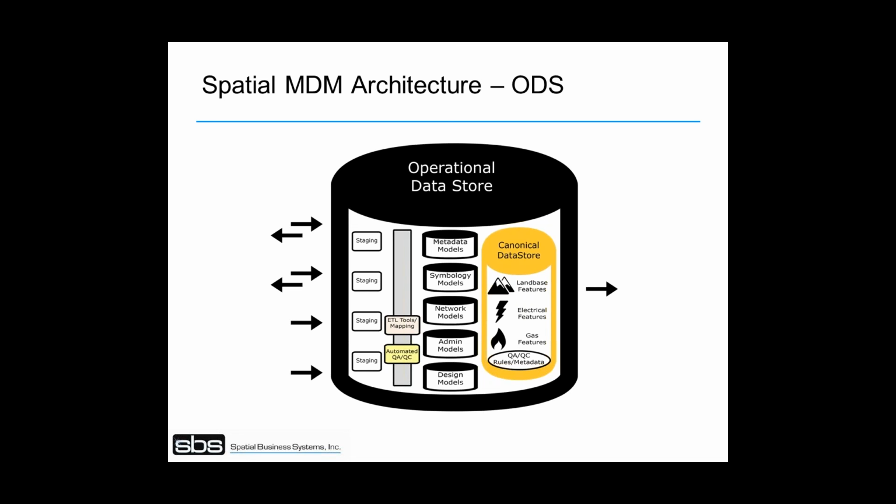So the symbology would have its own repository, establishing the common network model, which we discussed, as well as administration and access models, and then other things related to, for example, design, and consider that to be the changes that are happening to the assets within the system.